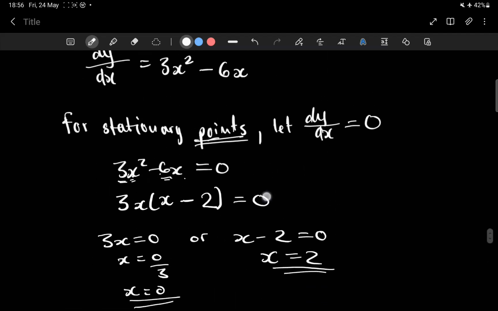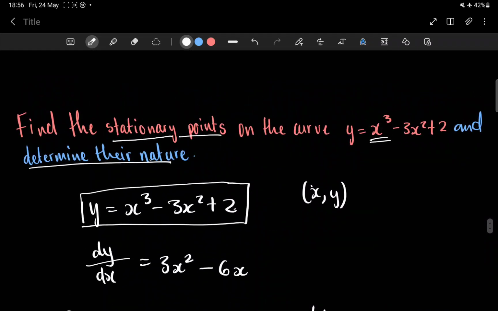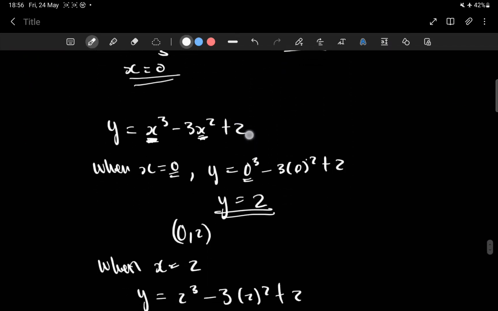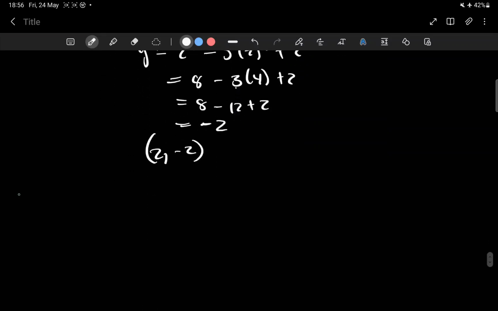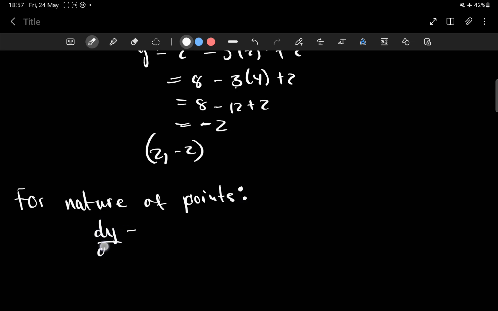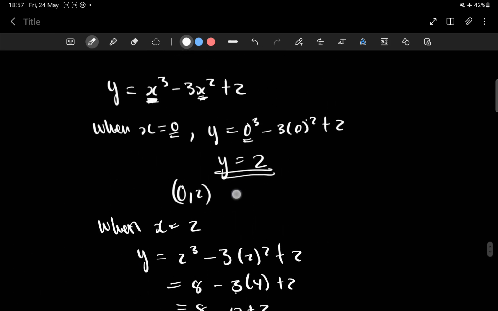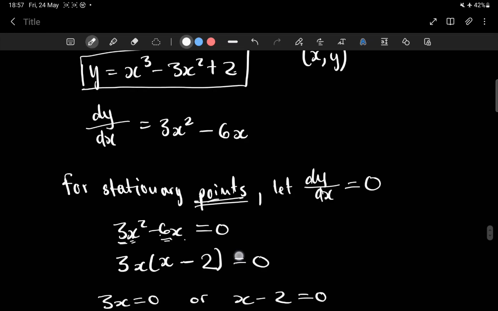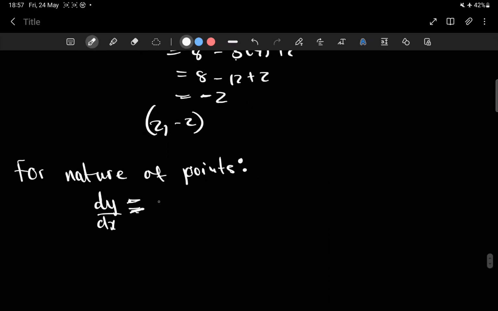Now I do the last part, which says determine their nature. For the nature of points, I would say now dy dx. First, what is my first derivative? Dy dx is 3x squared minus 6x.